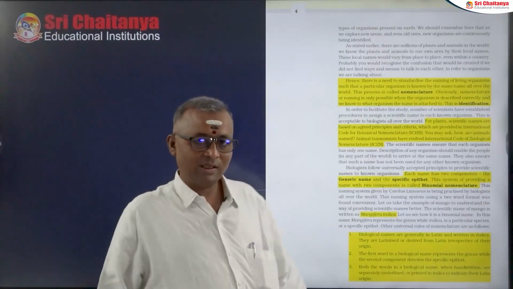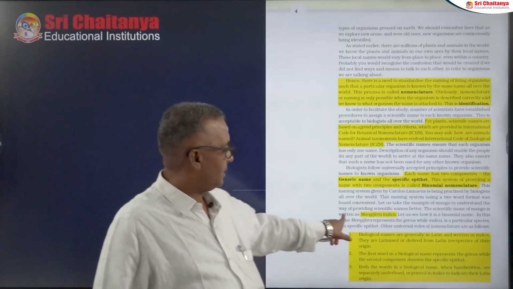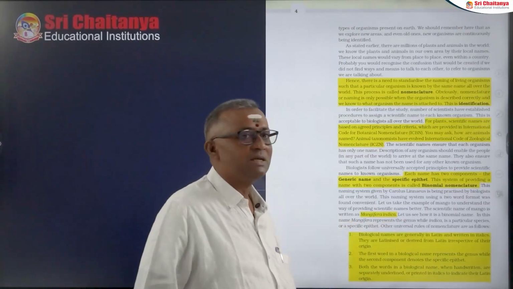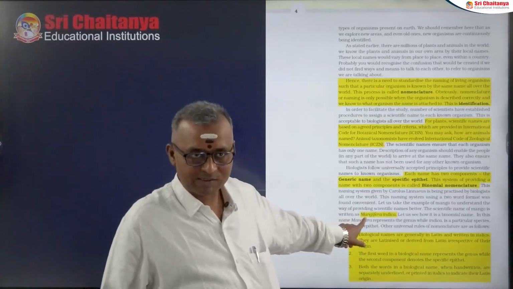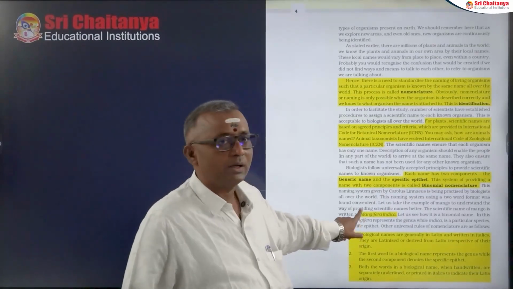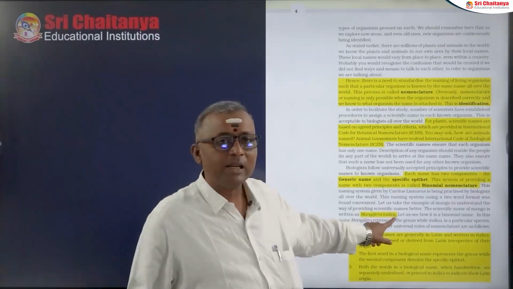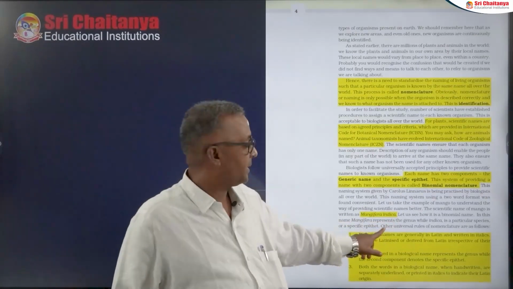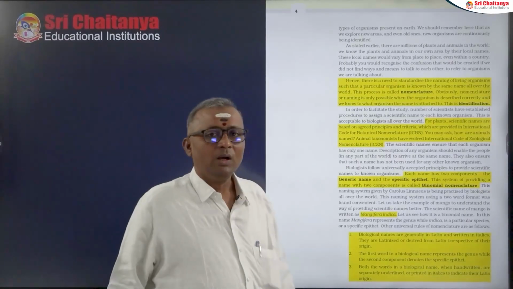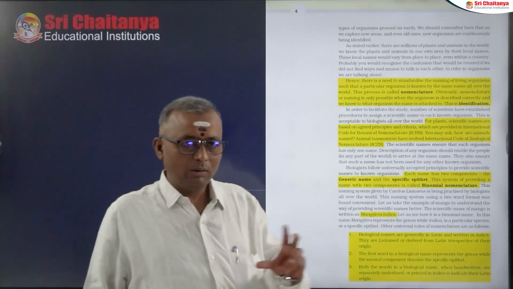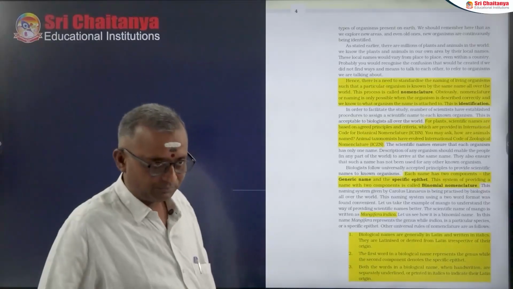Now, as I said, even in the NCERT, they gave one example, that is Mangifera indica. Here Mangifera is the first component. This first component is called genus, and indica is the second component. The second component is called species. Now, there are certain rules for the nomenclatural system.